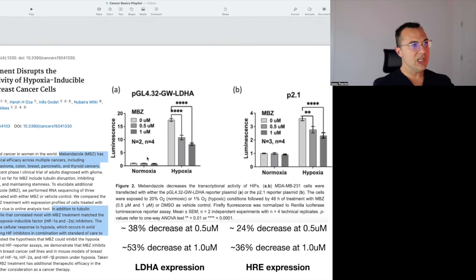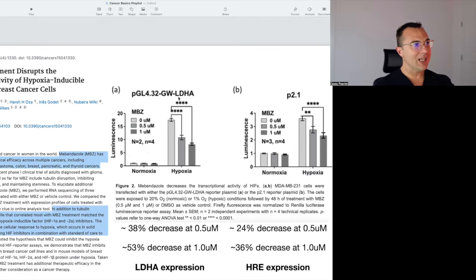In each target assay, they looked at the cells under normoxia, or normal oxygen, and hypoxia, or low oxygen. And that is much more likely to be the reality at the level of a tumor in the body. So let's focus on the right part of each graphic.